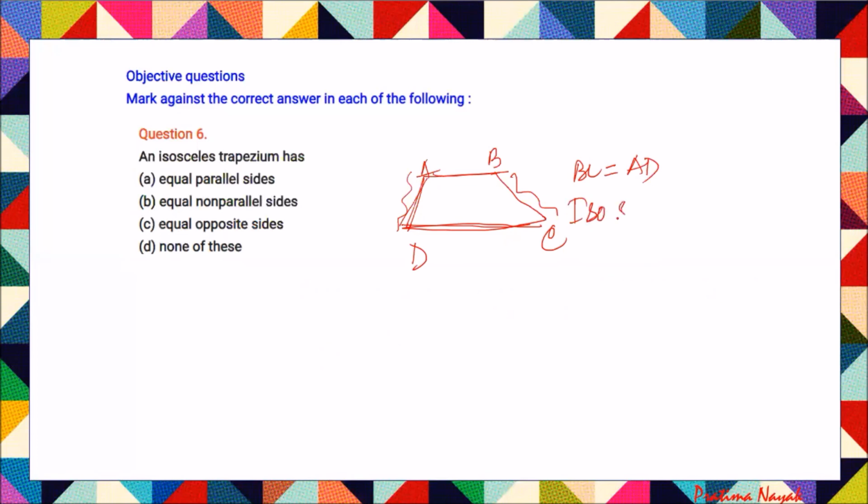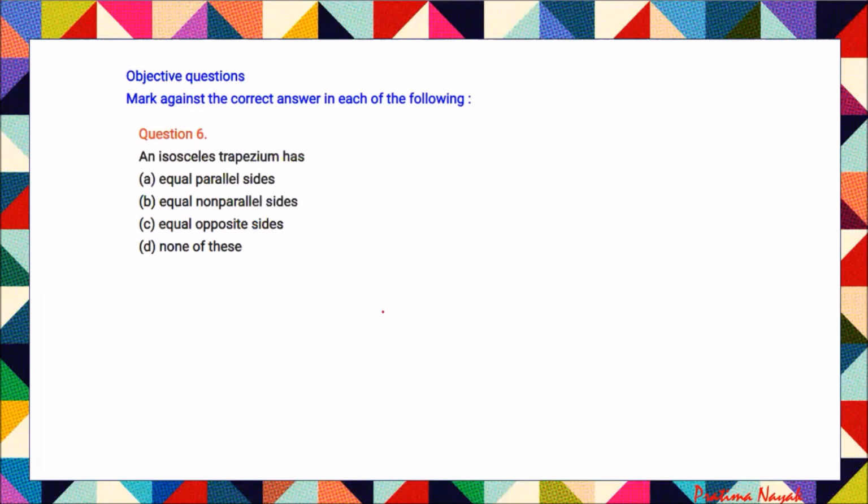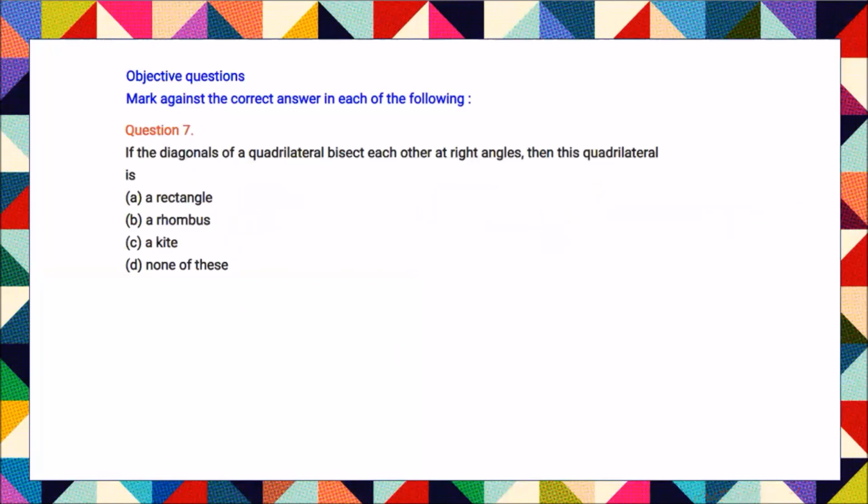Like an isosceles triangle. So the answer is B, equal non-parallel sides.